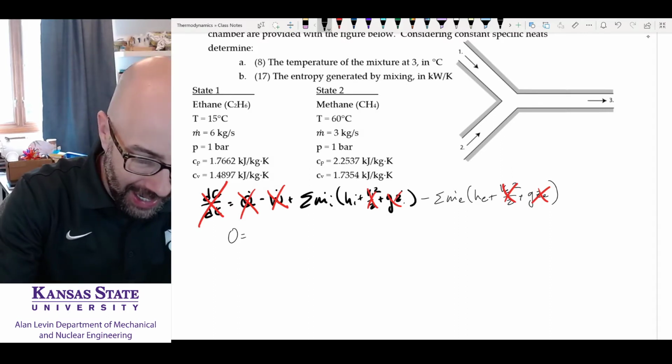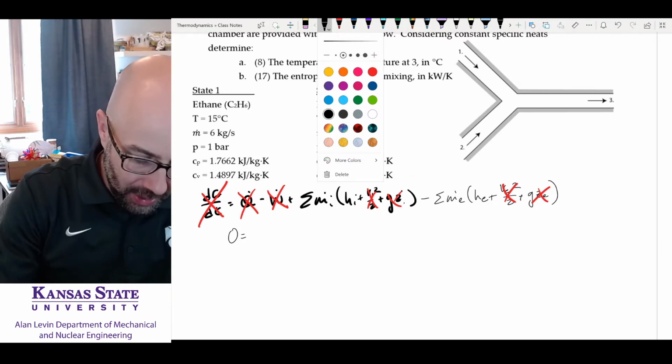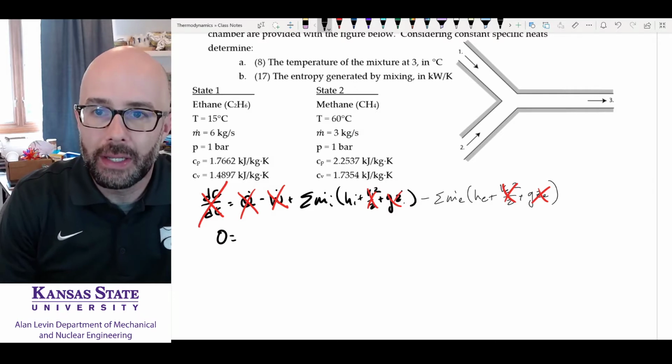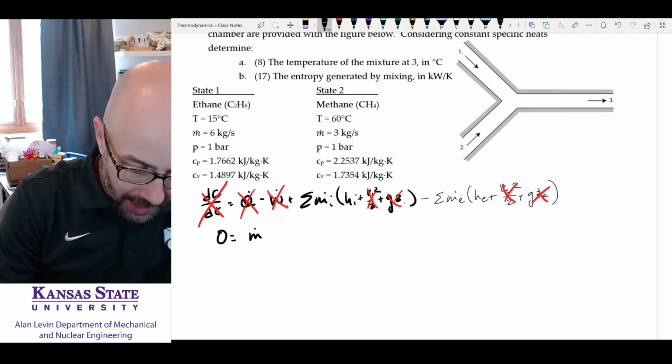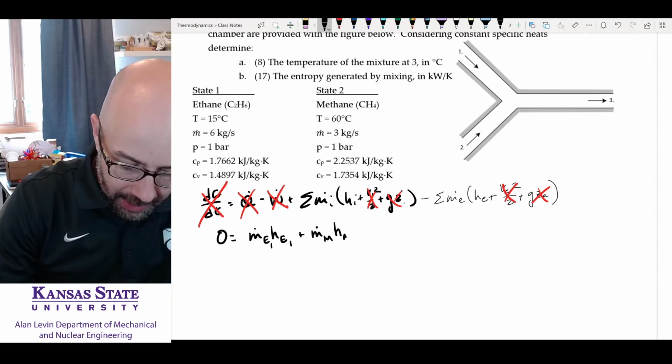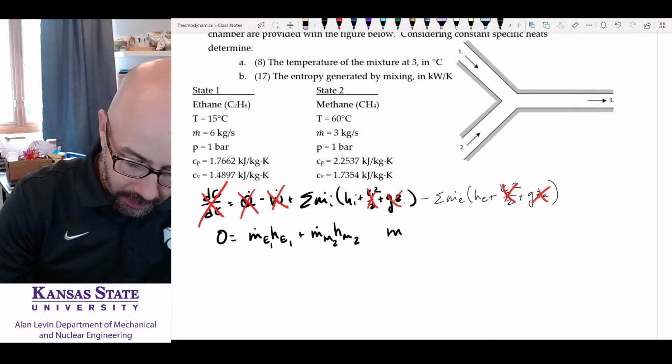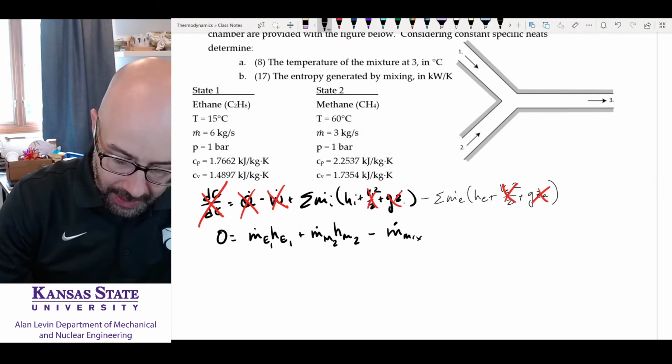0 is equal to m dot ethane times the enthalpy of the ethane at 1, plus the mass flow rate of my methane times the enthalpy of my methane at 2, minus the mass flow rate of my mixture times the enthalpy of my mixture at 3.